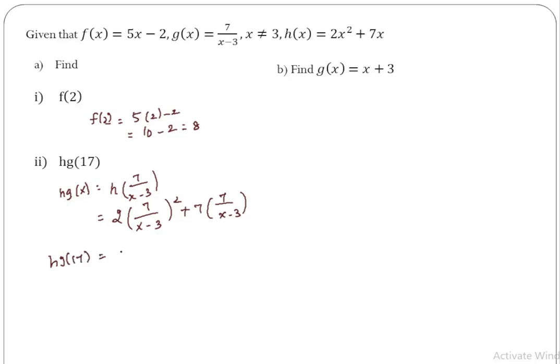hg of 17 equals 2 times the square of 7 over 17 minus 3, plus 7 times 7 over 17 minus 3.